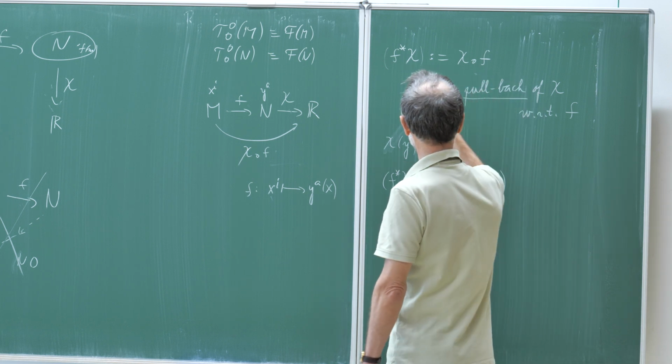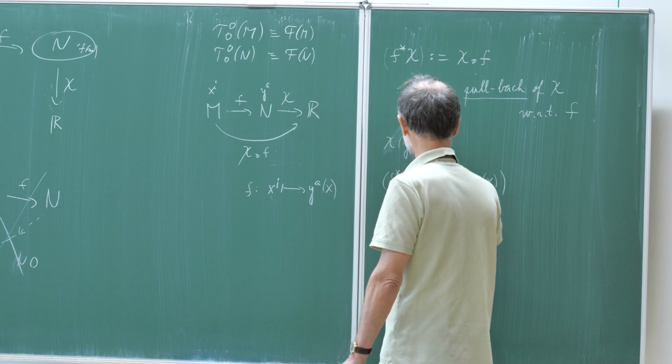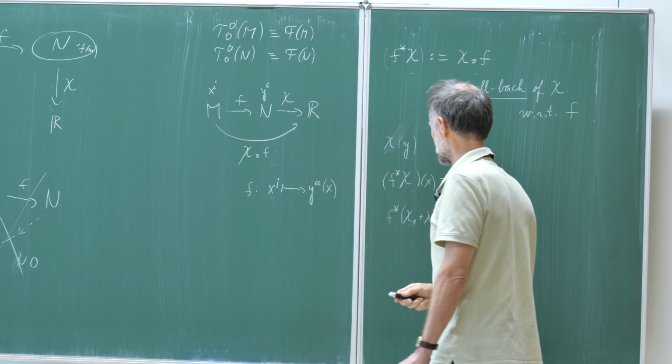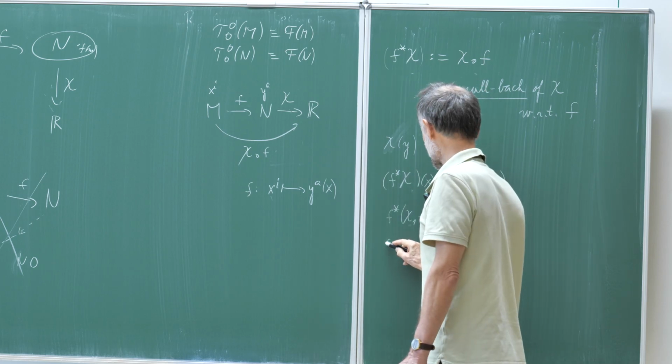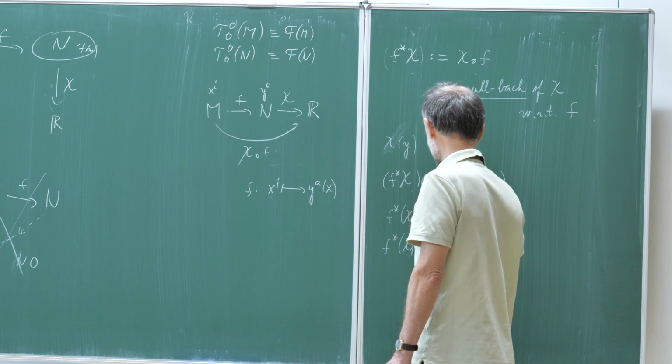And now we can see from these facts, for example, what happens if we have a linear combination chi1 plus lambda chi2? Or what happens if we have a product of two functions?